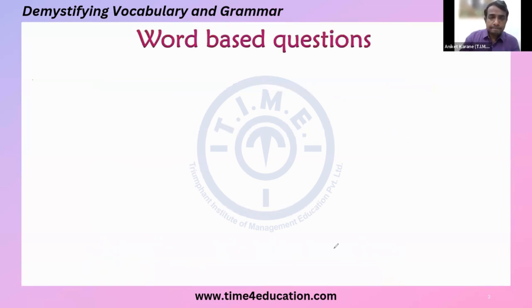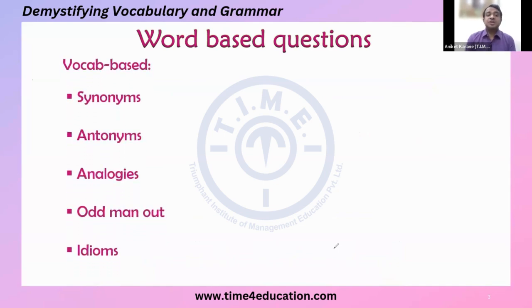Yeah. Now, what are word-based questions? So word-based questions are questions where your vocabulary is being tested. And these questions are divided into two aspects. The first aspect is where the vocab-based questions are asked. Now, these vocab-based questions are divided into synonyms, antonyms, analogies. So synonyms basically are where you are tackling the similar meaning words.